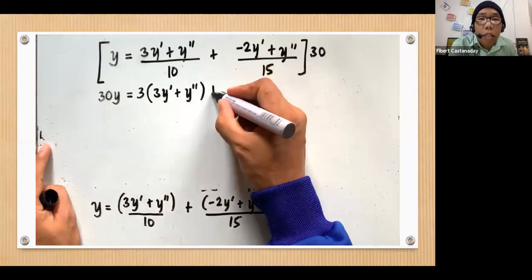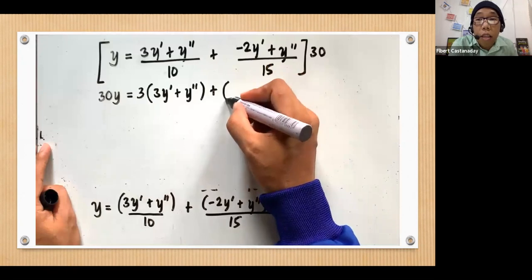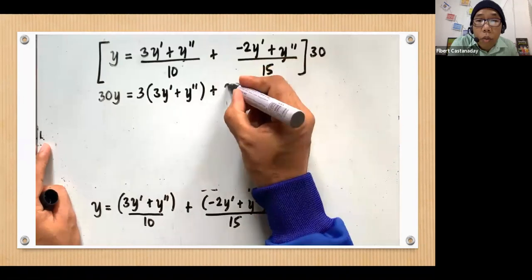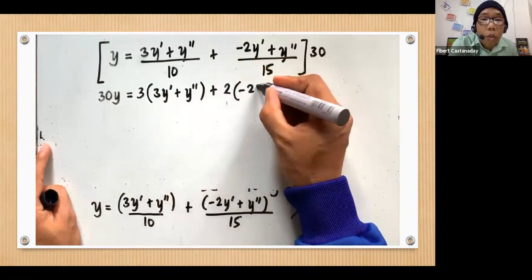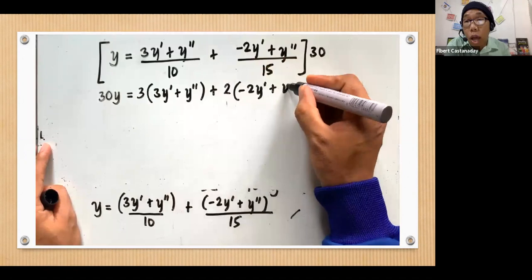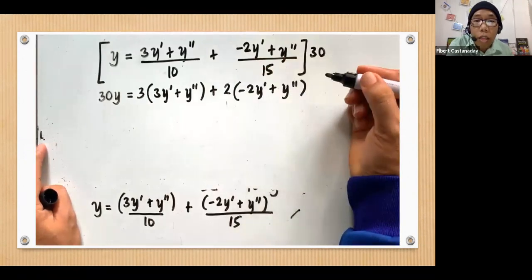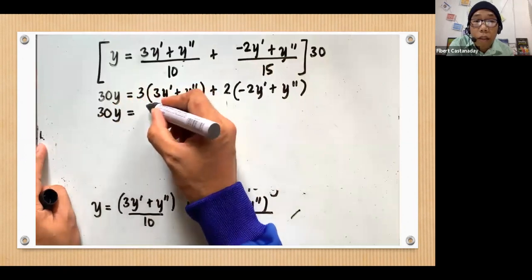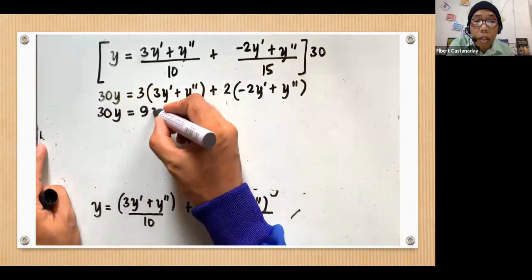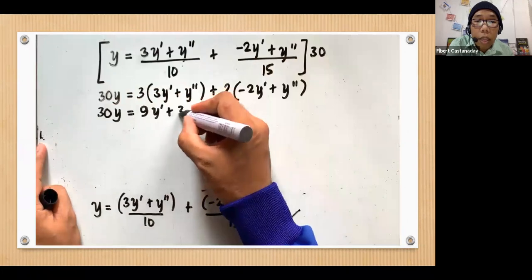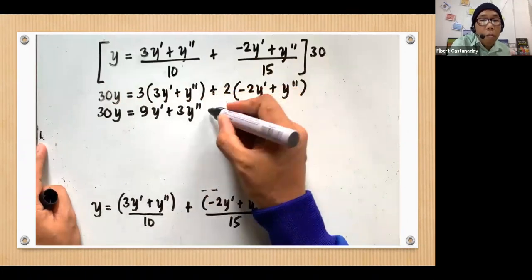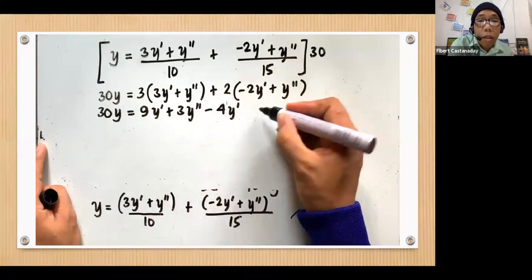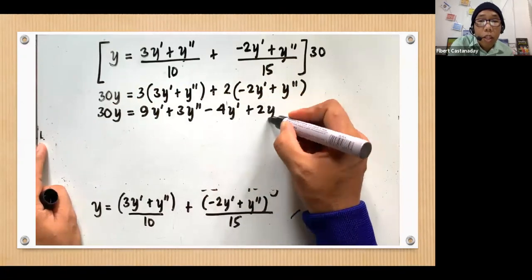Plus, yung second term, 30 divided by 15, so we have 2 times minus 2y prime plus y double prime. Now we distribute the factors: 3 times 3 is 9y prime plus 3y double prime, minus, so 2 times negative 2 is minus 4y prime plus 2y double prime.